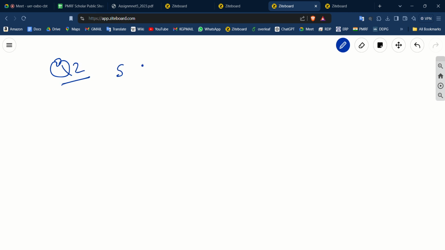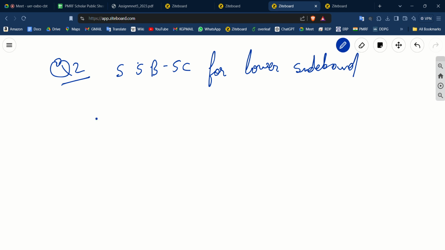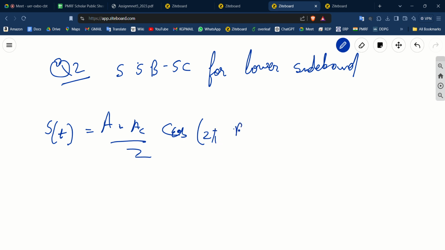For the lower sideband, the SSBSC signal is given as AmAc by 2 cos 2 pi (FC minus Fm) t.